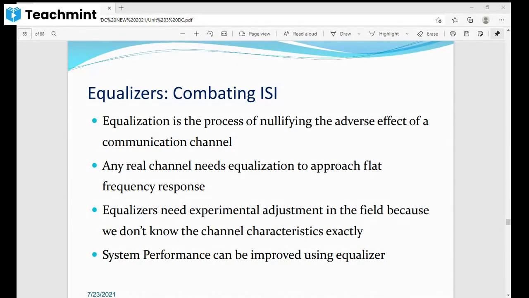Eye pattern for the ISI. So the eye pattern provides a simple and useful tool to visualize the ISI, intersymbol interference, between the data bits.